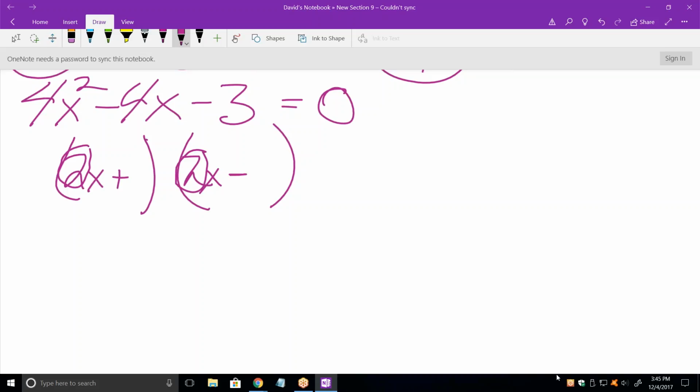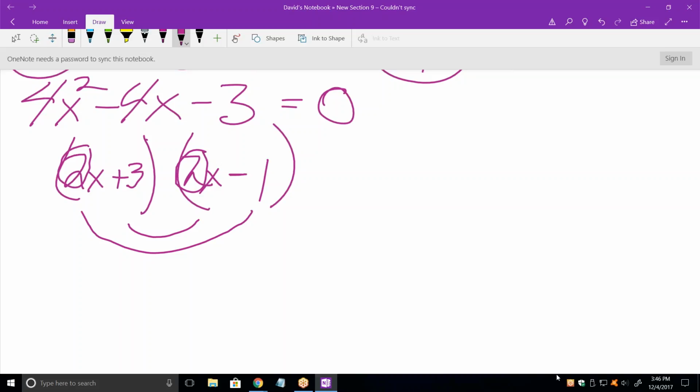Now, how many factors of 3 are there? 1. So it's either 3 and 1 or vice versa. Now, what middle term does this give you? Do the double smiley faces, multiply the inside and the outside, add them together, that's your middle term.